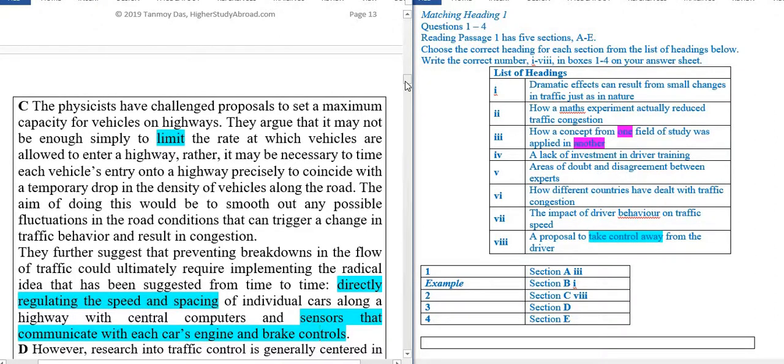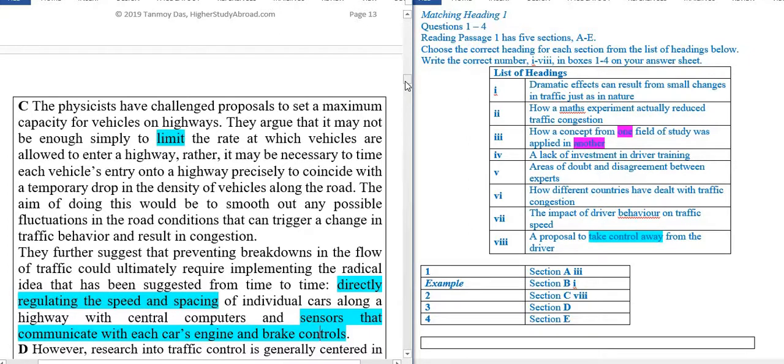confession first. Okay, let me confess something to you. For this type of question, list of heading, this is a pretty new video in this series. In our other videos we will explain more how to answer this type of list of heading. Unless you have practiced maybe 20 or 30 list of headings, you won't get the idea.